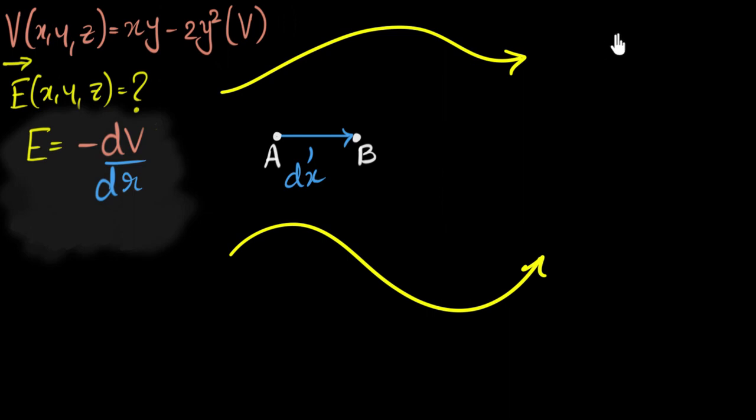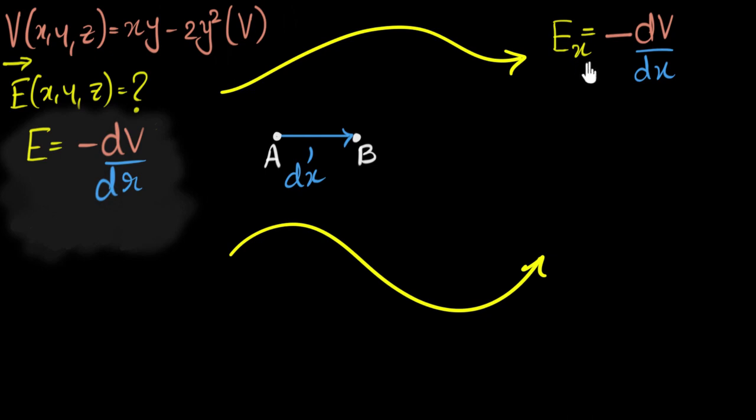If I calculate the negative gradient, dV divided by dx, what does that give us? I am now calculating how much the potential has changed per meter along the X direction. So that gives me the electric field strength along the X direction, meaning it tells me the X component of the electric field.